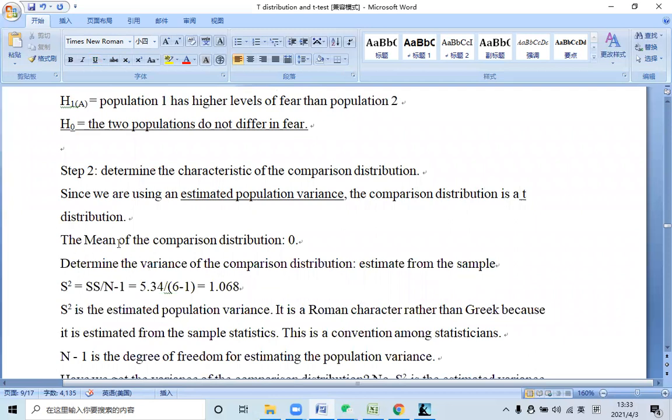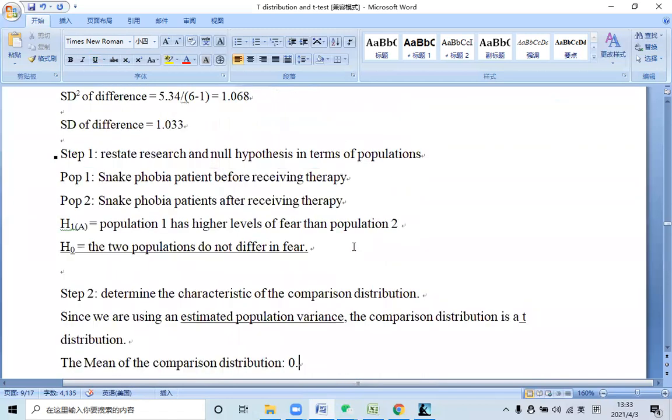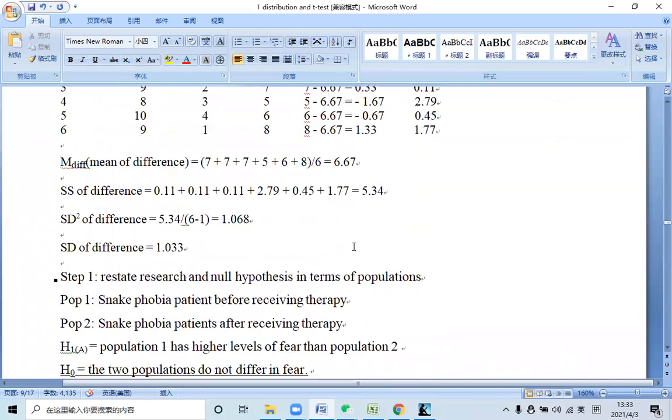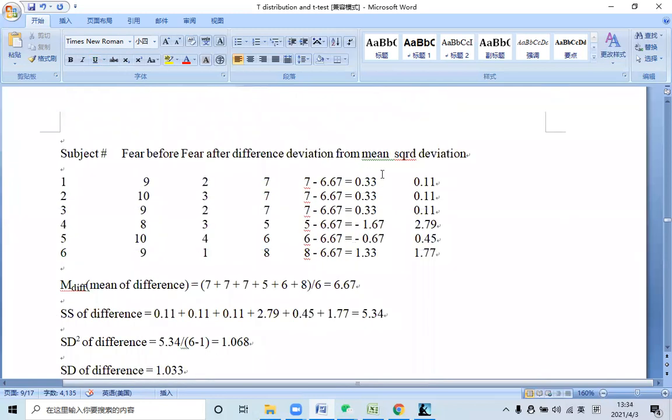And the mean of the comparison distribution is going to be 0. Why is it 0? Because we are using a difference score. This is called a pre-task, post-task difference.